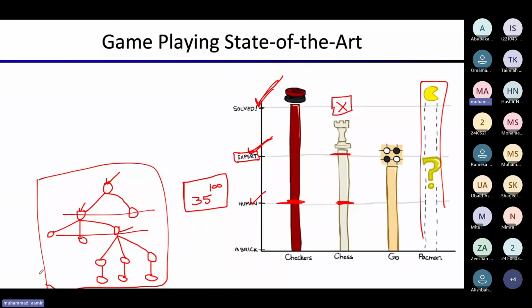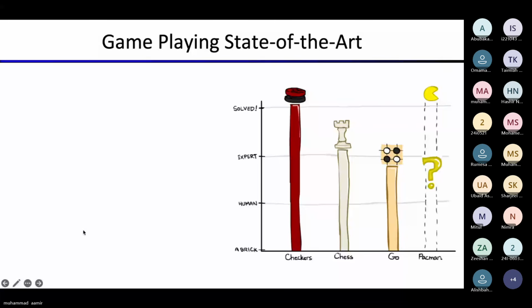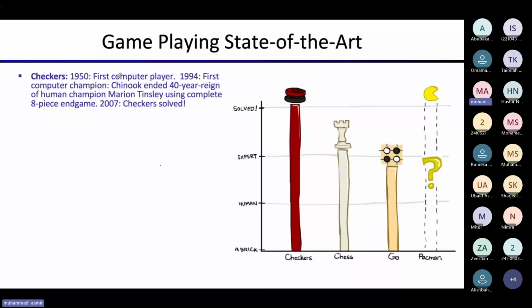So there are some theoretical things now, according to this slide. Checkers: in 1950, the first computer player was invented related to checkers. In 1994, the first computer champion. So in 1950, checkers was programmed, and the computer was able to play the checkers game with a human, right?